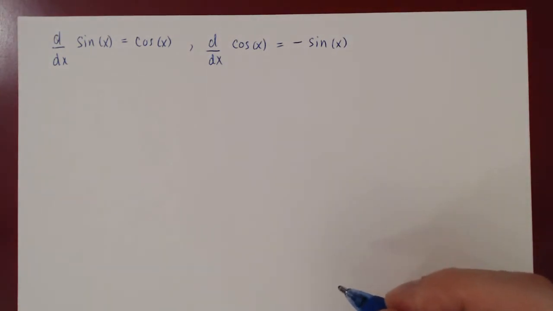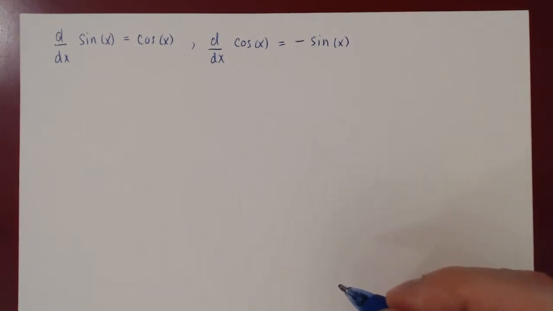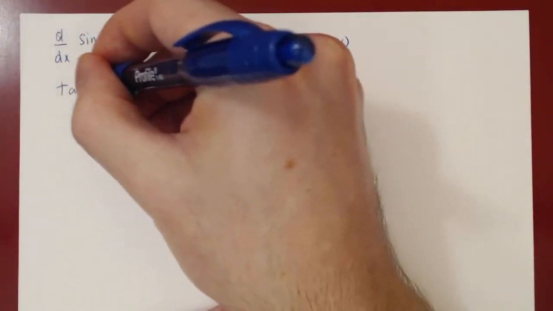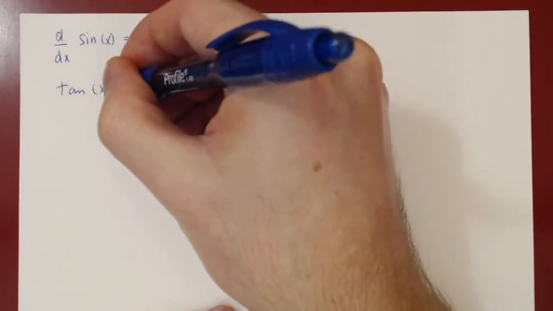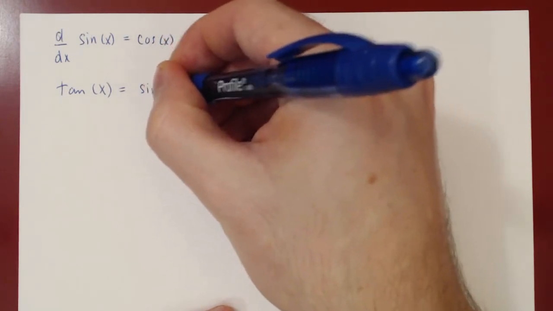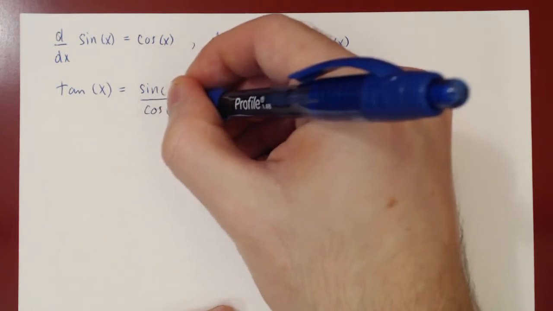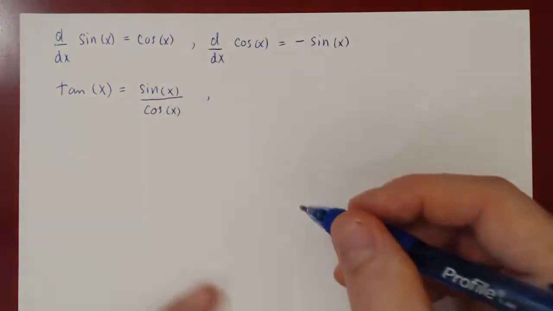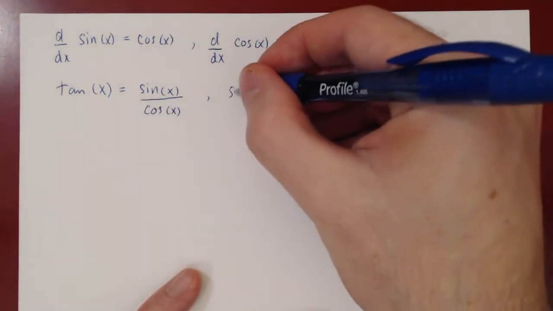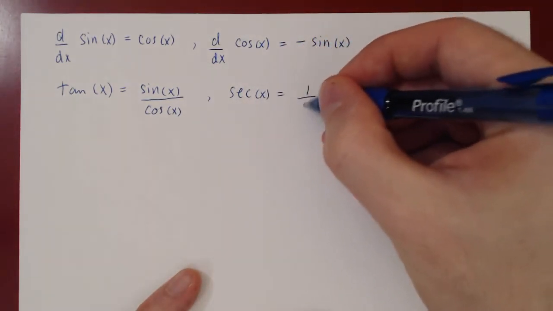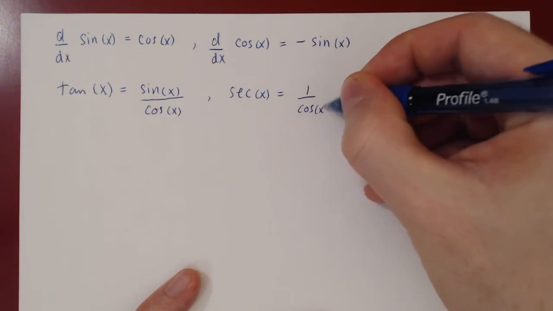Suppose we wanted now the derivative of the other trigonometric functions. Well, remember that tan of x is given by sine of x over cos of x. We have secant of x, which we write as SEC, and secant is 1 over cos of x.